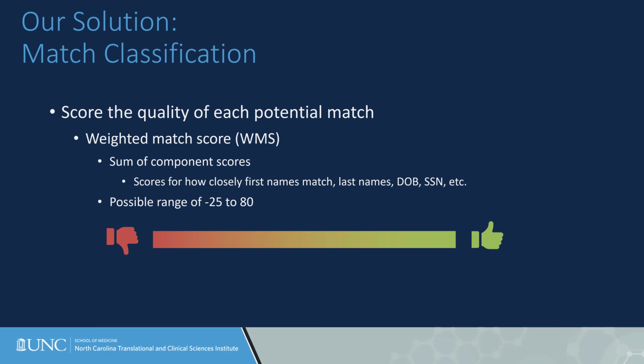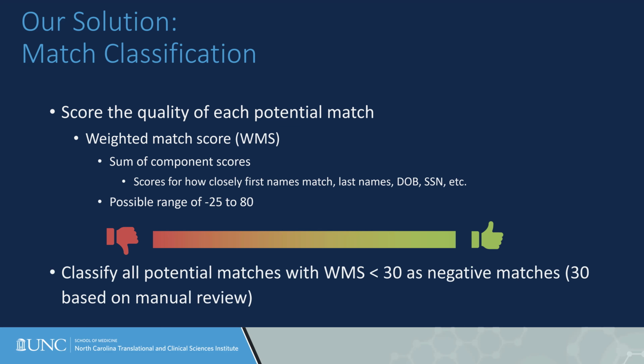So then we sum all those scores together, and we get this total weighted match score, which can range from -25 to 80. So -25 would mean every one of those 7 identifiers looks pretty different between the 2 records. Whereas if they all matched up perfectly, that would be a score of 80.